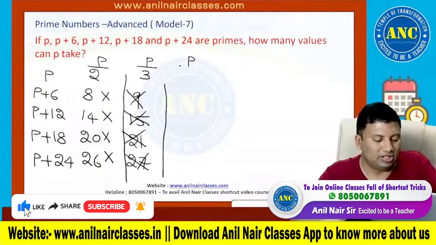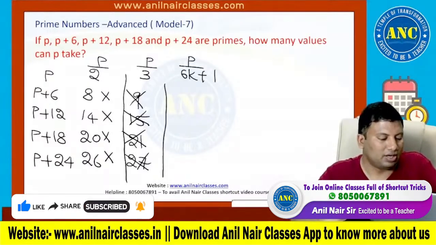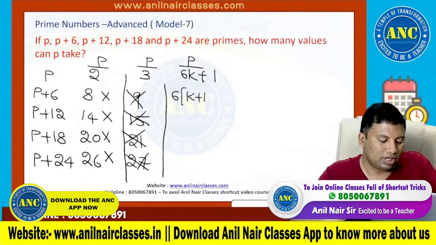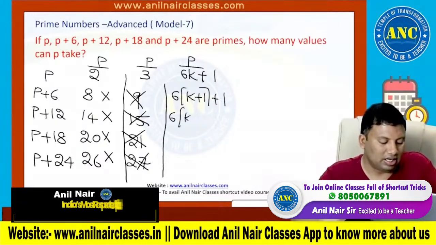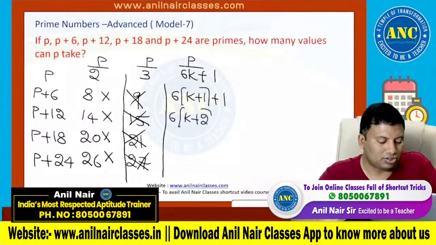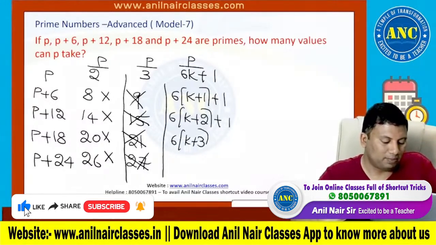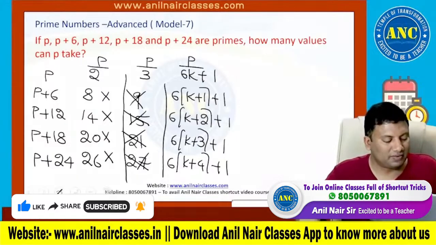If P is 6k plus 1, then the terms are 6k plus 1, 6k plus 7, which is 6 into k plus 1 plus 1, 6k plus 13, which is 6 into k plus 2 plus 1, then 6 into k plus 3 plus 1, and 6 into k plus 4 plus 1.